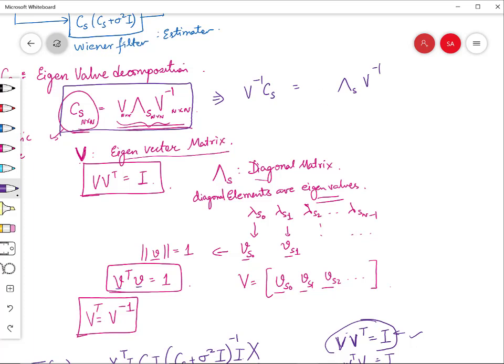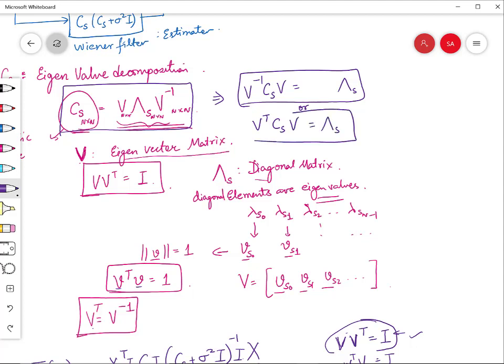Let me post multiply both the sides by V. If I do that, this is again identity. So what I am left with is V inverse CSV is equal to lambda s, or we know that V inverse is equal to V transpose, so I can write V transpose CSV is also equal to lambda s.